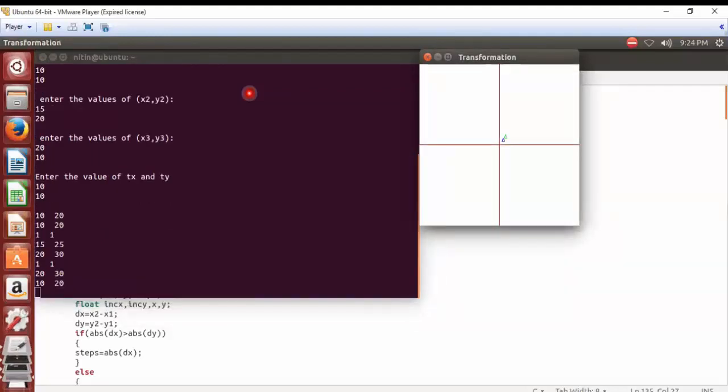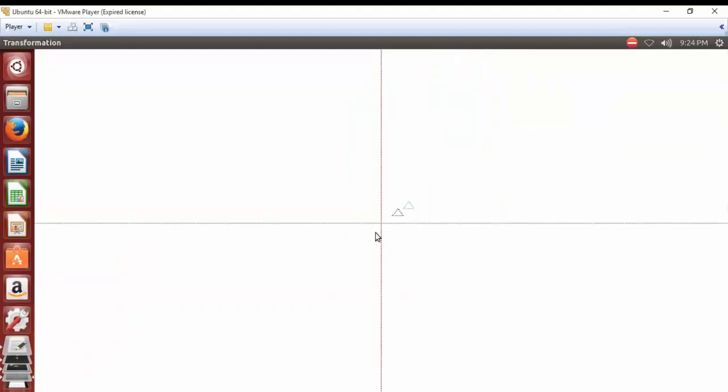We got this output polygon closed figure, that is triangle, translated from previous position to next position. The blue one is our original polygon, and the green one is the output which we are getting after applying transformation.